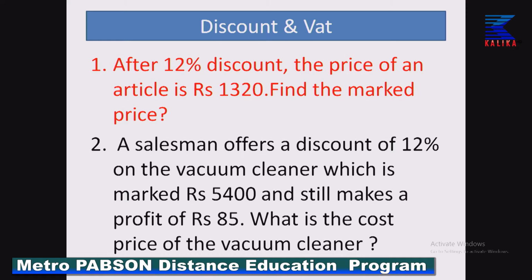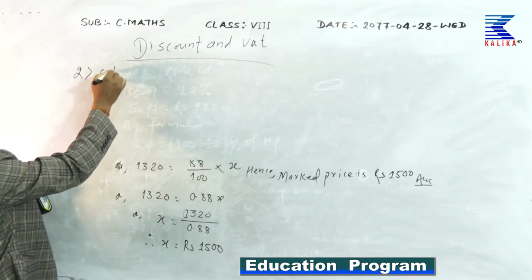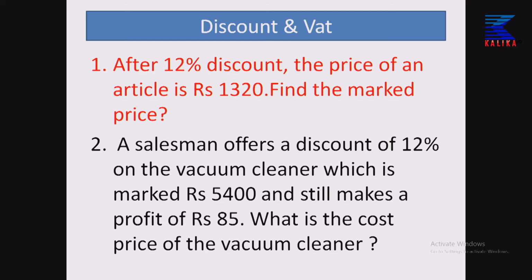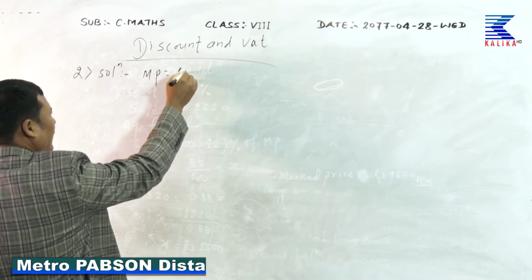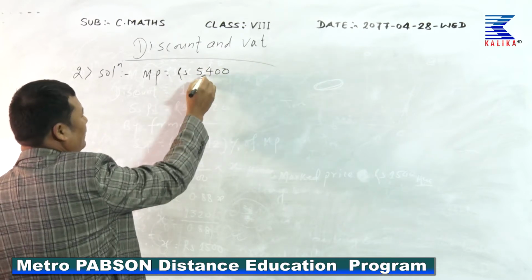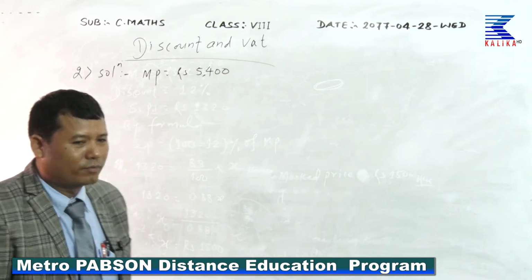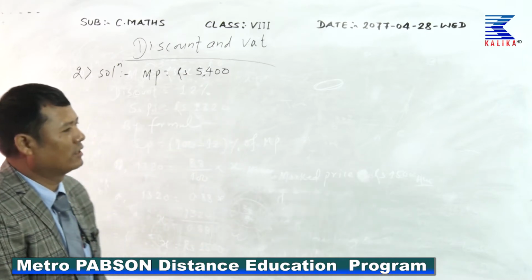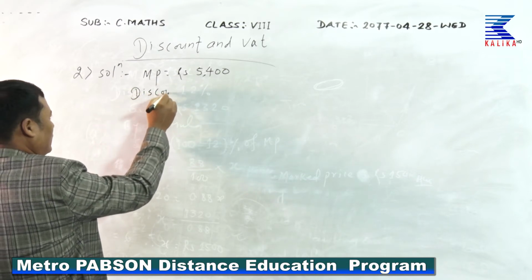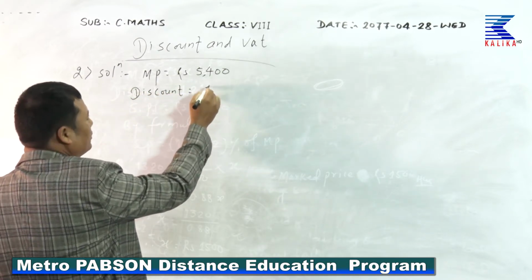First of all, number two, solution. MP is equal to Rs 5400, and next discount is equal to 12%.